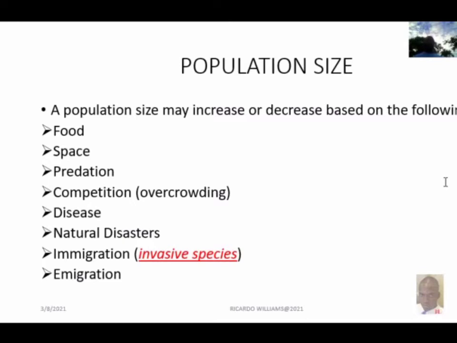Let's say we have a chicken population, you have a chicken coop, and in your chicken coop you have your chickens. The lizards and all the other insects that are around are not invasive, they are part of the population. But if for some reason a rat gets in your chicken coop, it is an invasive species and is going to become a predator, and is going to wipe out your chicken population.